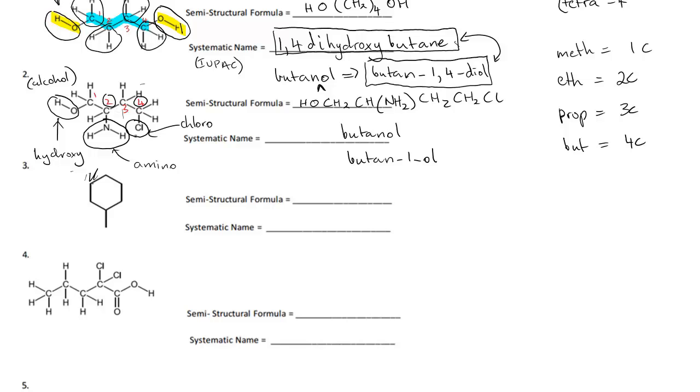And yeah, so we go 2-amino. That's my attempt at writing amino. 4-chloro, butan-1-ol. Okay, so that's our systematic name.